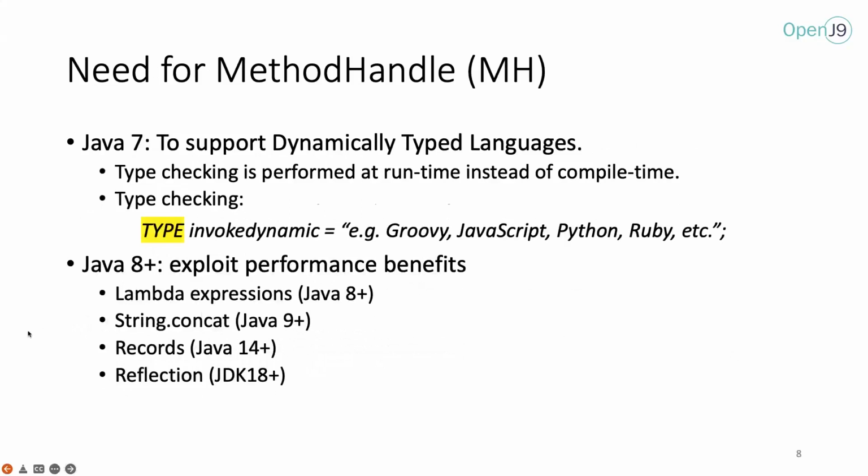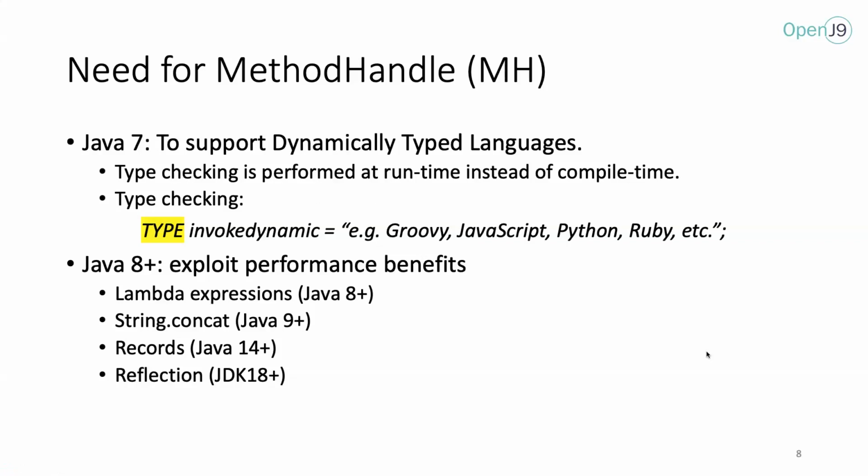So why exactly do we need MethodHandle? The need for MethodHandle arose from needing to support dynamic languages in Java 7, where we needed a way to perform type checks at runtime instead of compile time in order to support languages such as Ruby, JavaScript, Python, etc. And seeing the performance benefit of that, we have seen increased usage in the JCL.